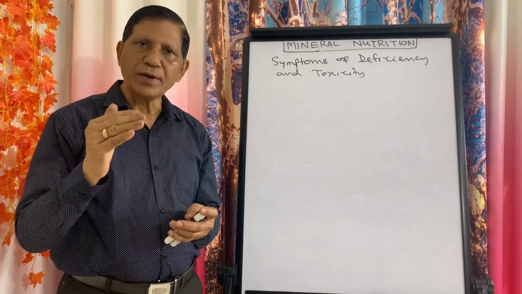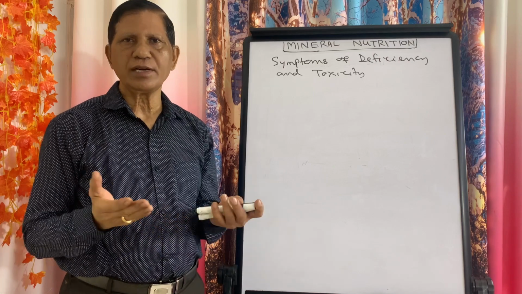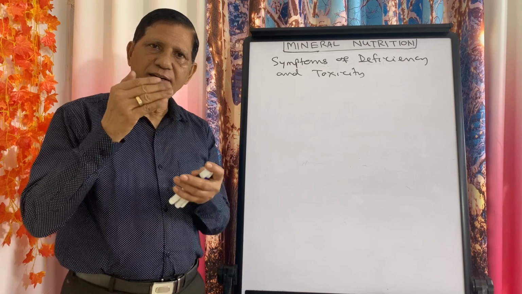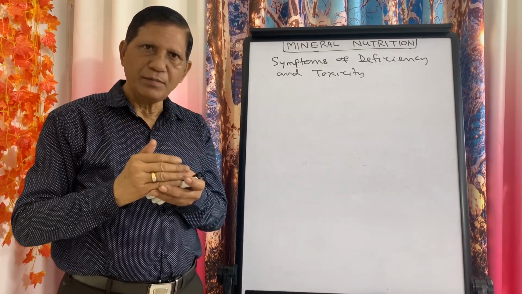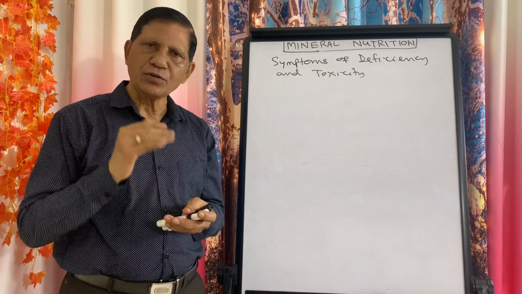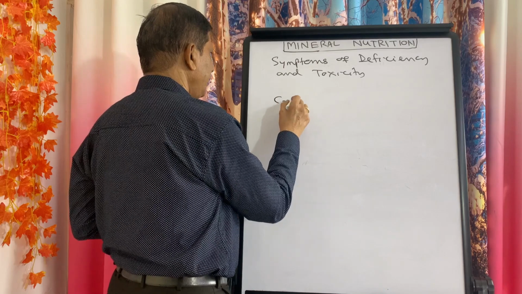But when there is a shortage of these elements, naturally there will be deficiency symptoms. But what is the level below which we get deficiency symptoms? That level is known as the critical level.